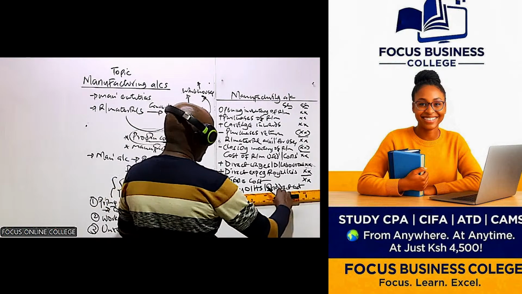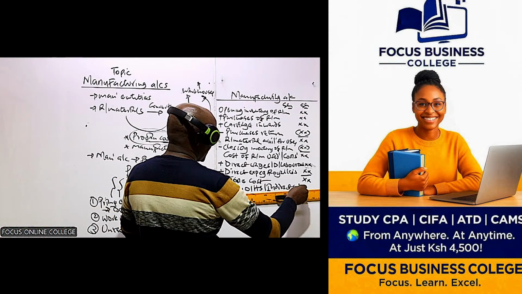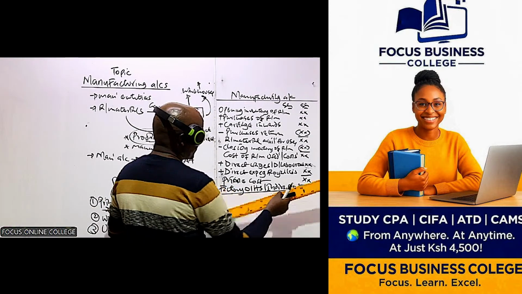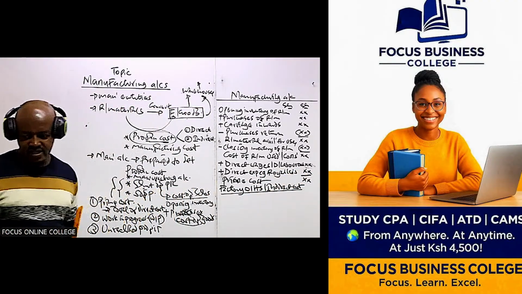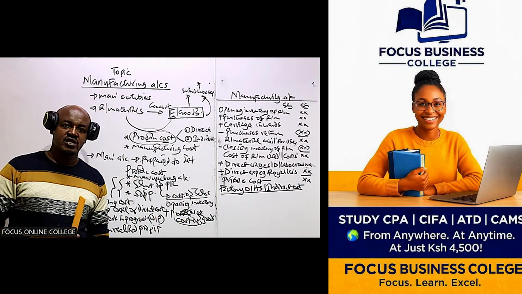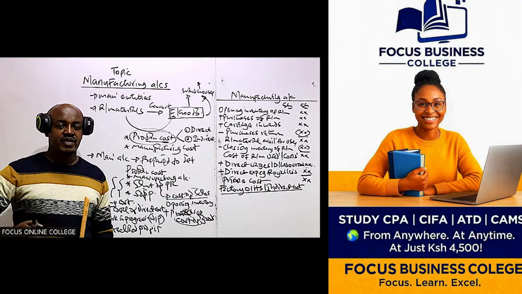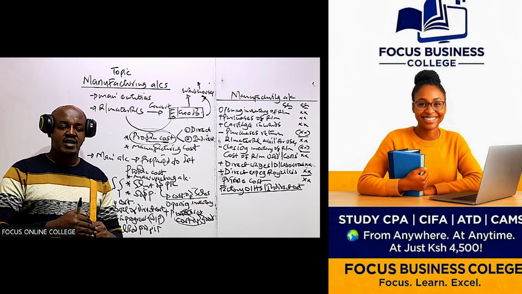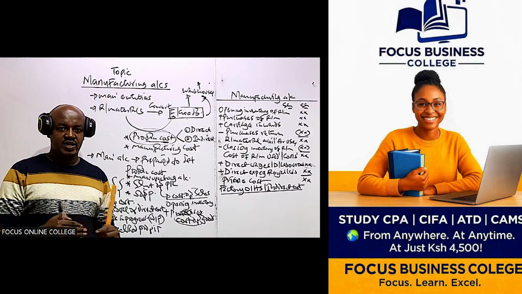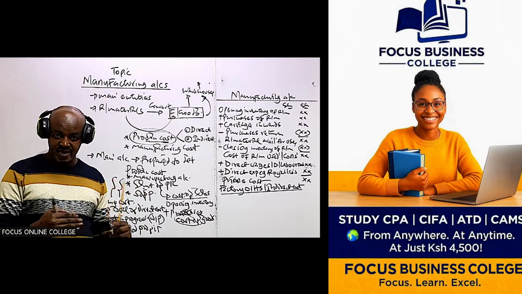Indirect production costs, basically, are the production costs which are incurred by a manufacturing entity. Basically, they do not depend on the level of production. These costs are constant. Whether the level of production changes or not, they remain the same.